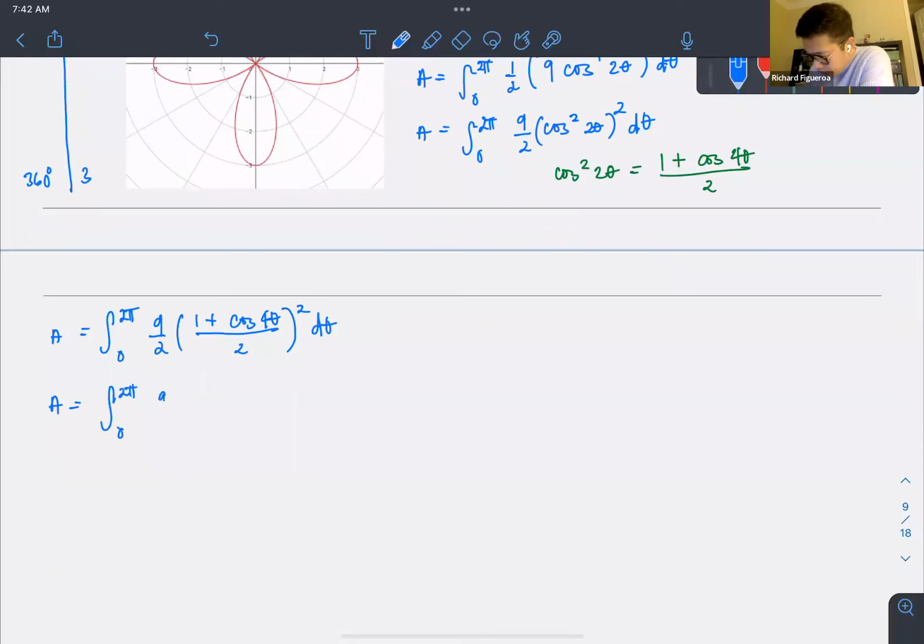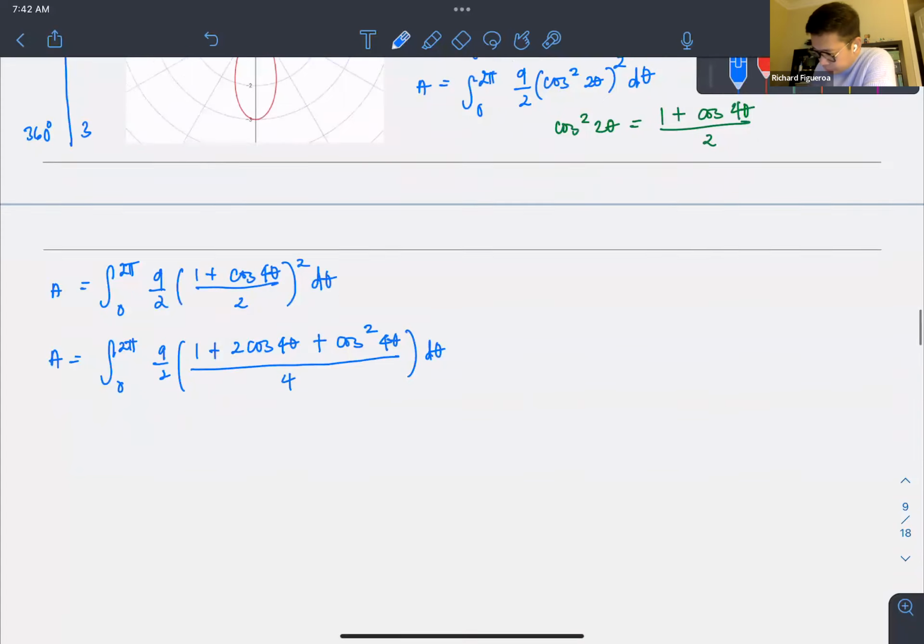So that makes it 9 all over 2. So yung sa taas, so square it or expand it. So that would be 1 plus 2 cosine 4 theta, and then plus cosine squared 4 theta all over 2 raised to 2, that will be 4.